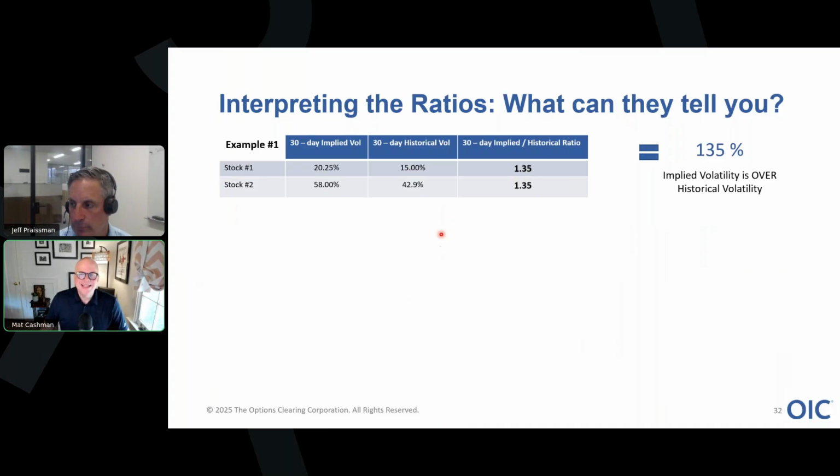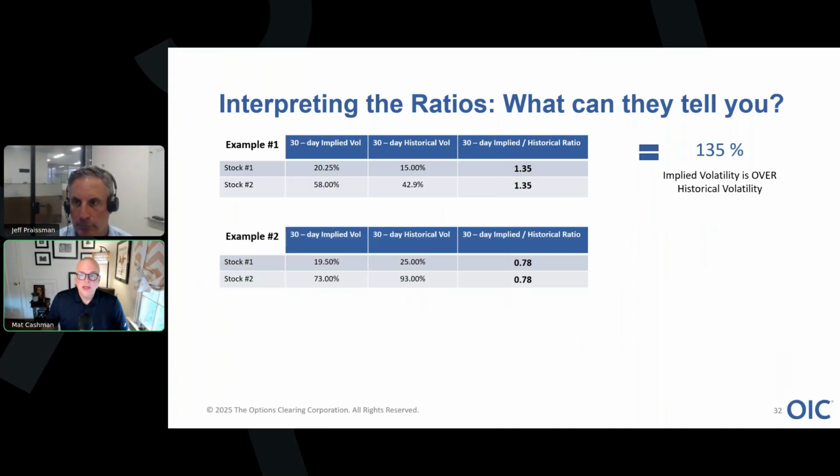The important part here is that both of these stocks, even though one of them has a 20 vol and the other one has a 58 vol, both of them can have that same 1.35 ratio. That means, all that means, the 1.35 ratio, is that the implied vol is 135% of the delivered vol for that period.